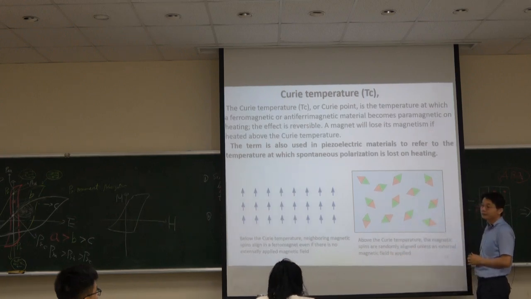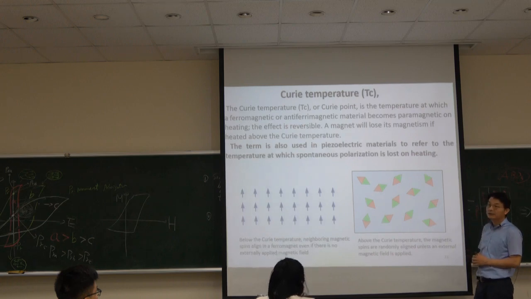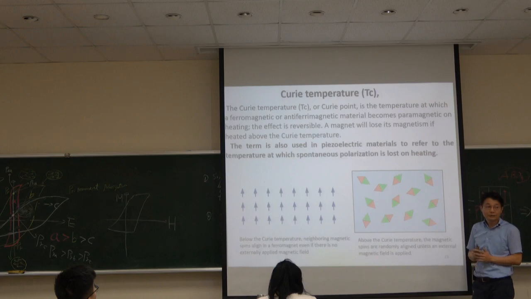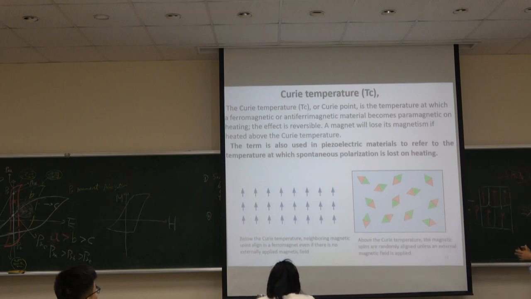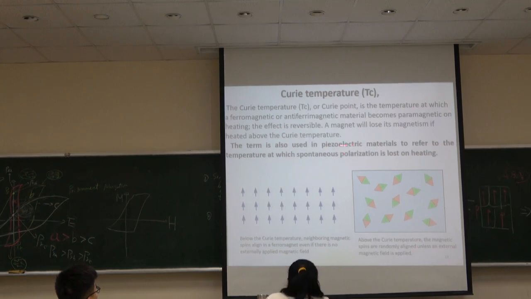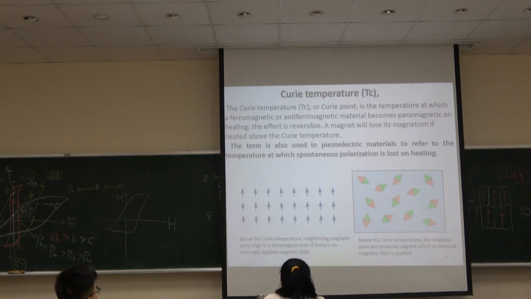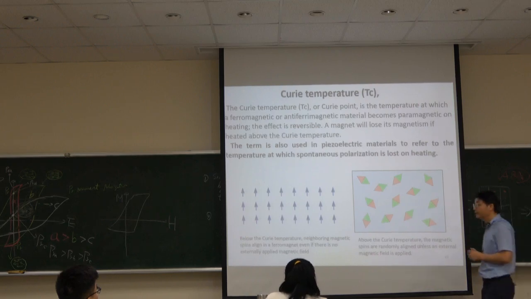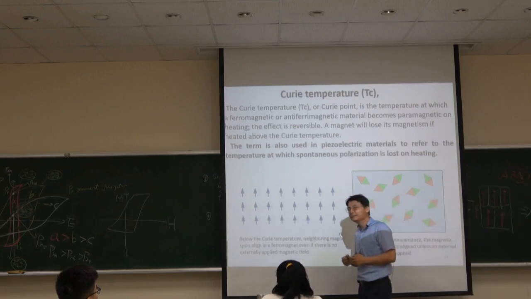So ferromagnetic and ferroelectric materials have a similar mechanism, because both have spontaneous polarization, and this spontaneous polarization will be lost after the temperature is higher than Tc.